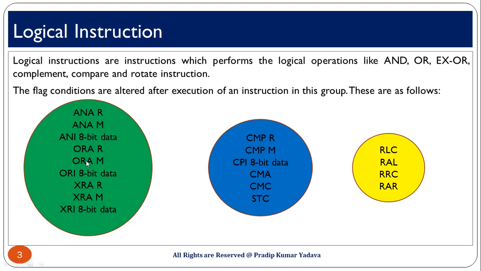Basically, this reflects gates. I think you have studied digital electronics, and you are aware of AND gate, OR gate and XOR gate. So, basically these are instructions. I will discuss in the next slide how they are going to work within the 8085 microprocessor.